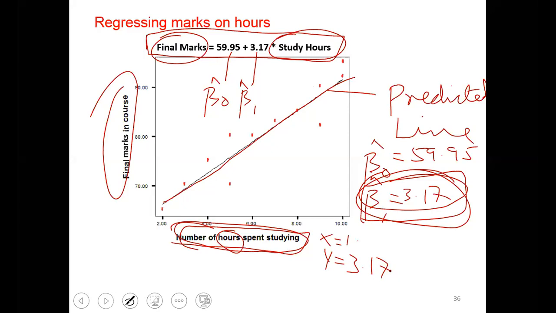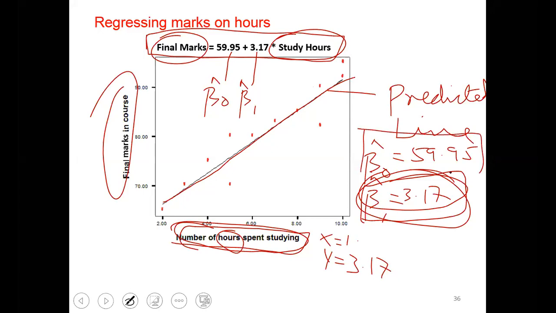That is the answer. So don't say this is slope, this is angle. No one understands that. Tell anybody, if you study 1 hour, you can get more marks. How much? 3.17 marks. Right? That is the explanation for beta 1.